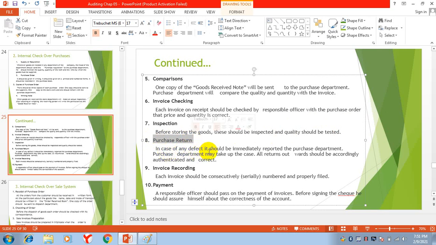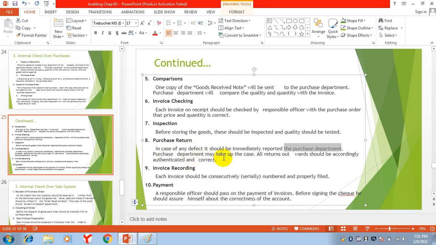In case of any defect, it should be immediately reported to the purchase department. The store's responsible person will inform the purchase department that some goods are defective or not in working condition. Then the purchase department will take the necessary action.